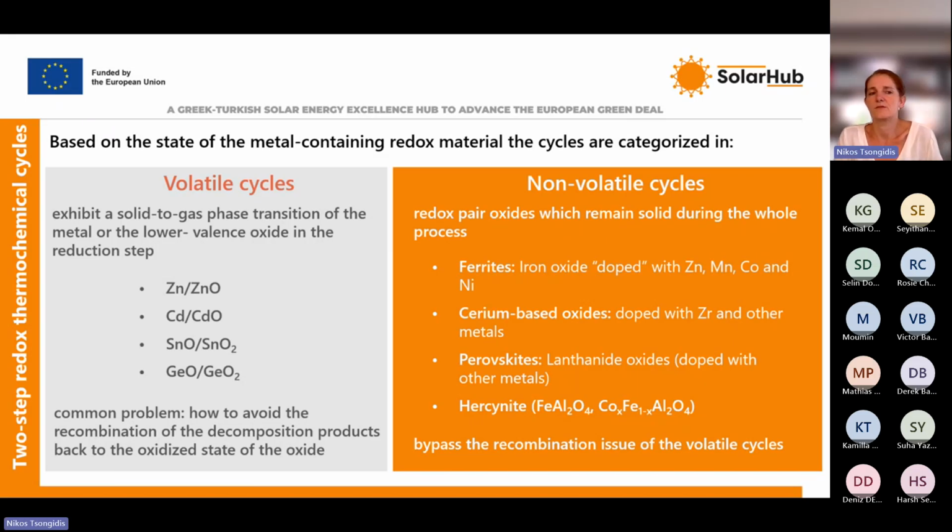In these two-step redox thermochemical cycles, the metal oxides that have been investigated can be categorized in two different categories, volatiles and non-volatiles. In the volatile cycles, the thermal reduction and the splitting reactions take place between the reduced metal and its oxidized form, the metal oxide.